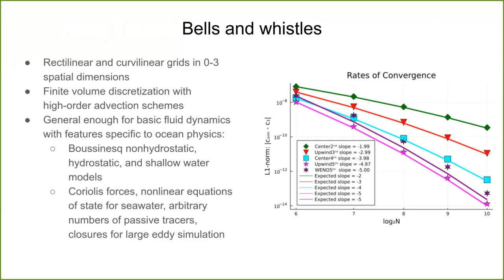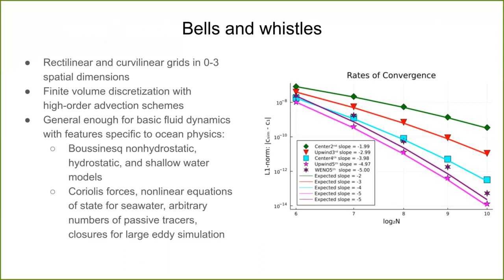For those of you that know something about ocean physics, there are three different models, one of which is what's called the Boussinesq non-hydrostatic model. The other is a Boussinesq hydrostatic model. And the third is a shallow water model. Some of the features that are included are the Coriolis force and a nonlinear equation of state for seawater in order to try to describe that more accurately.